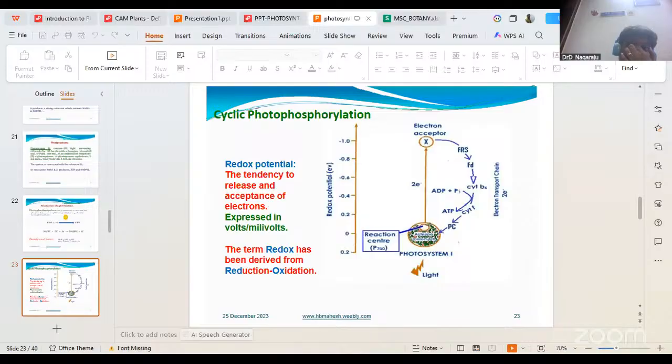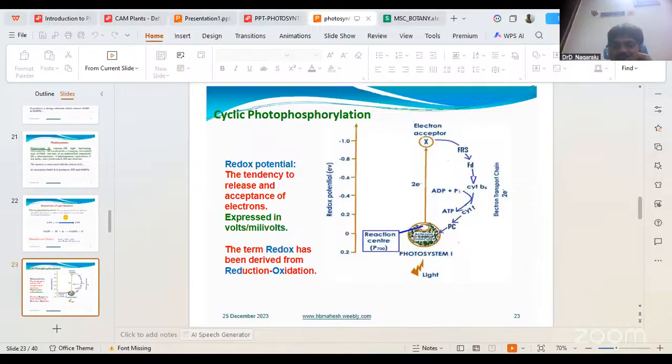Here in PS1, the acceptor absorbs the electron and gives it to FeS, the iron-sulfur complex. Then where does it go? To ferredoxin. From ferredoxin to the cytochrome B6 and F complex. The cytochrome B6 absorbs phosphate and releases ATP. ATP formation is taking place here.